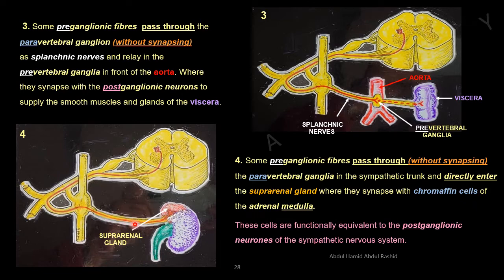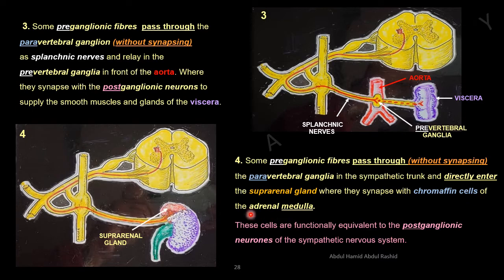that is preganglionic fibers, and go directly to the suprarenal gland. The adrenal gland is there. In the suprarenal glands, they synapse with chromaffin cells of the adrenal medulla. These cells are functionally equivalent to the postganglionic neurons of the sympathetic nervous system.